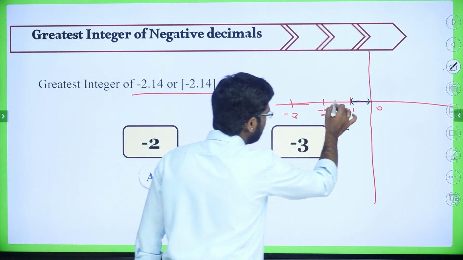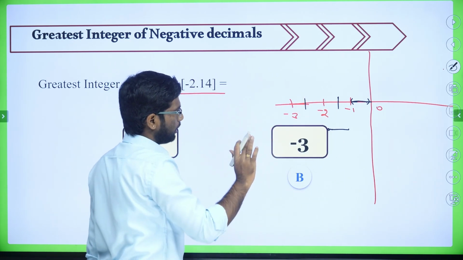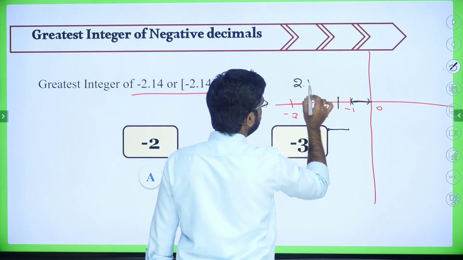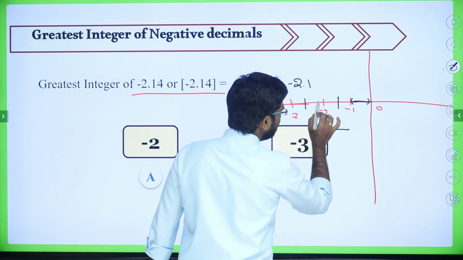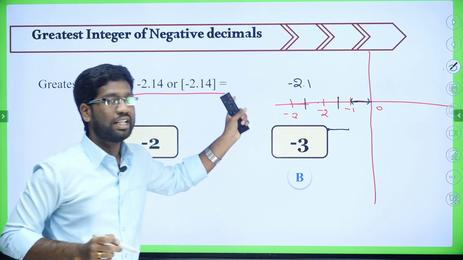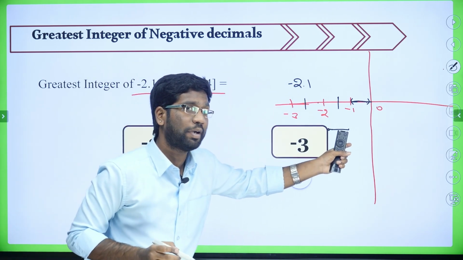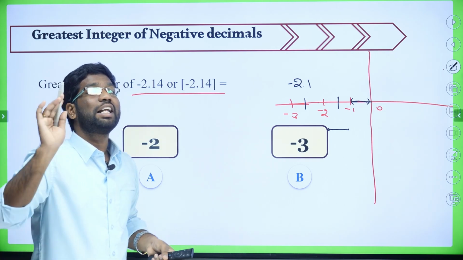So wherever the decimal is coming, my dear students, you have to think which one is smaller. If I am getting minus 2.1, here this value will come. So in that, is minus 3 smaller or minus 2 smaller, my dear students? In negative, whatever the number is bigger, that one is the smaller.